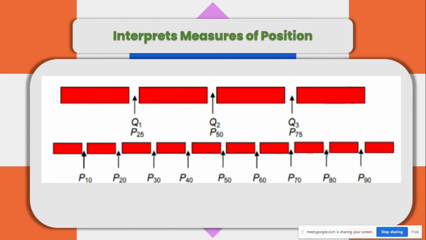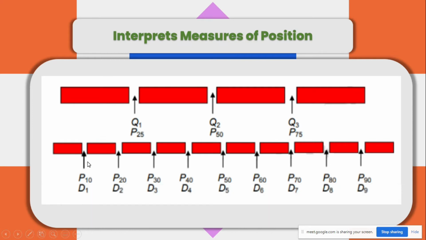While sa percentile naman, if you can see this, P10 is 10%. So, equivalent yan sa deciles: D1, D2, D3. Yung nasa left ng P10 are P1, P2, P3, P4, P5, P6, P7, P8, P9.